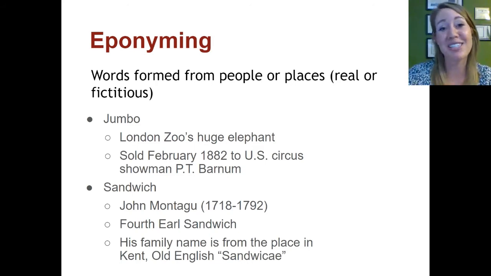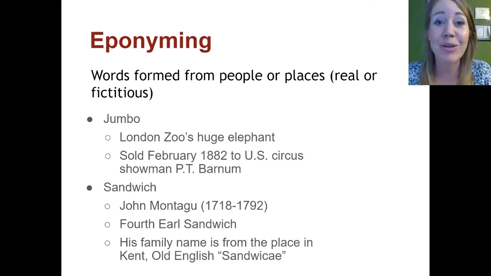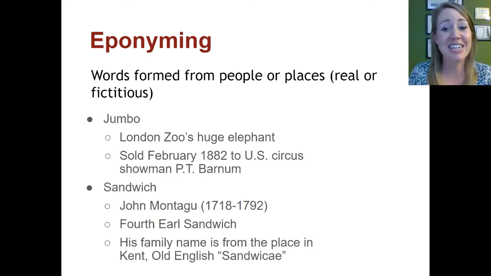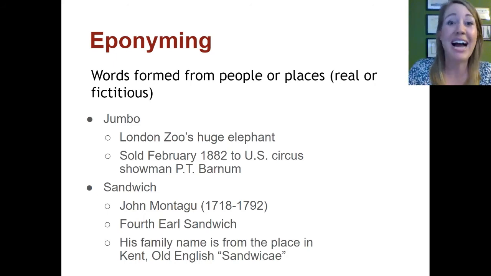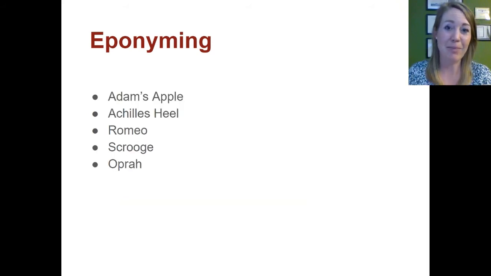We see that with the word sandwich as well, because people think, okay, where'd the word sandwich come from? It has nothing to do with sand or witches, and you're absolutely right. It has nothing to do with either of those. The guy who invented it, his title, John Montagu, he was the fourth Earl of Sandwich, okay? So Sandwich was his title, so they named this meal after him, and that's another example of eponyming.